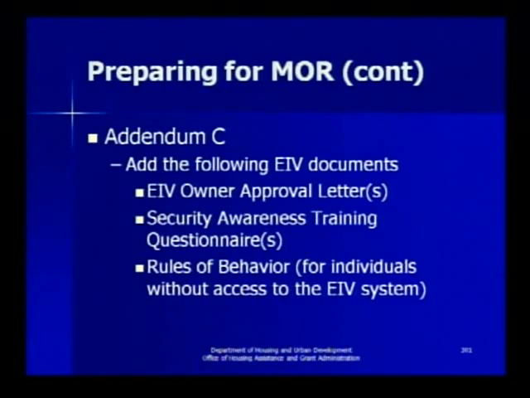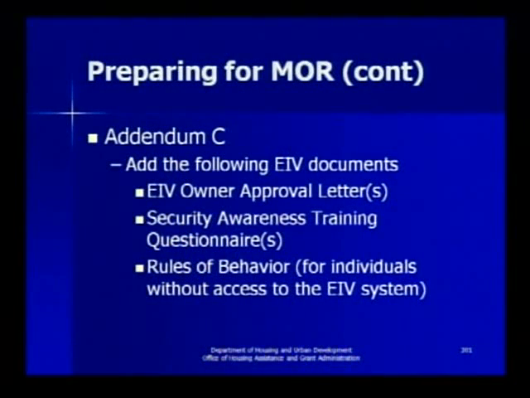The EIV owner approval letters, security awareness training questionnaires that are in paper form. Those that were completed later, after we went to the online training, can be viewed online, so those need not be printed off. They will need to have any rules of behavior that are signed by individuals that are using EIV reports but do not directly have access to the EIV system.